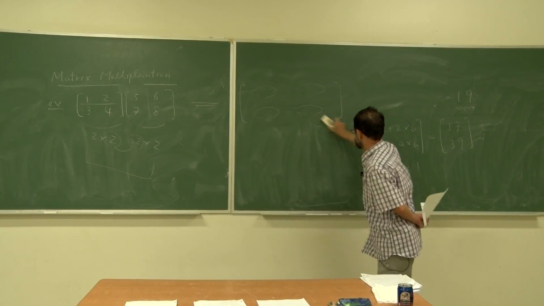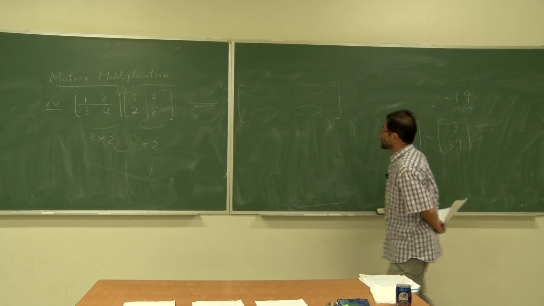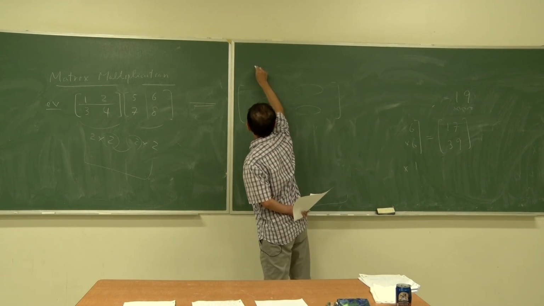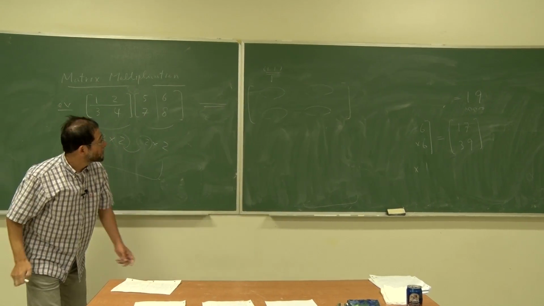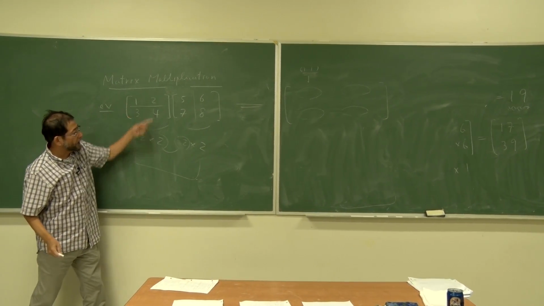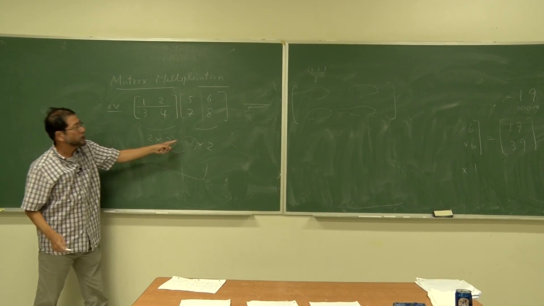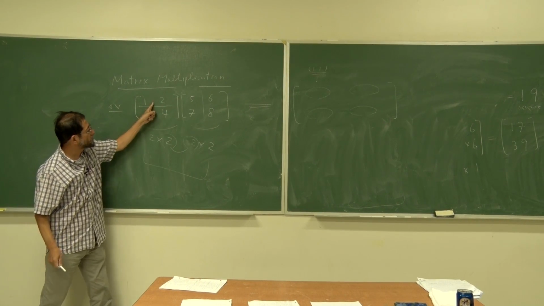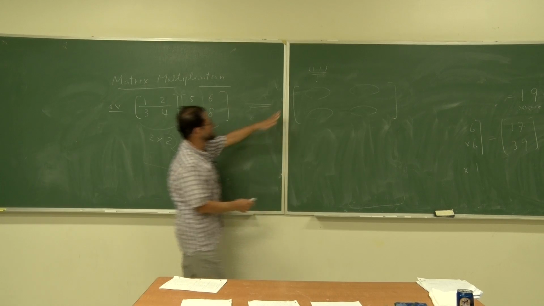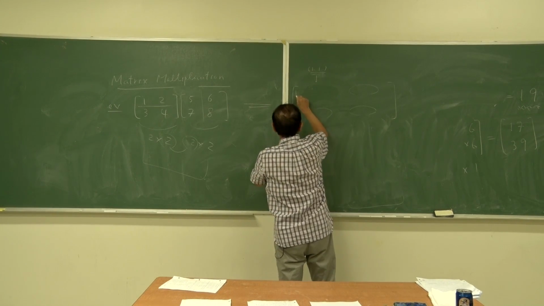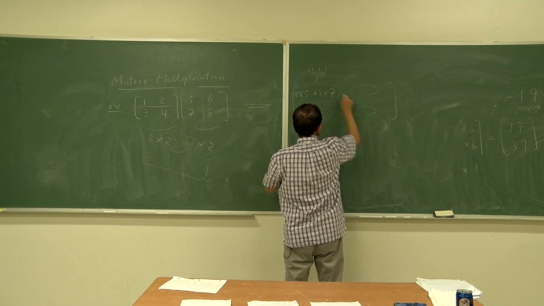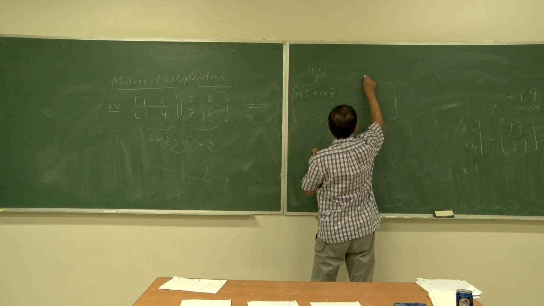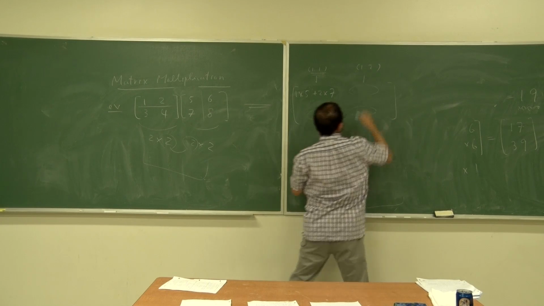The 1, 1 entry comes from the first row and the first column, so 1, 2 times 5, 7: 1 times 5 and 2 times 7. Now let's do the 1, 2 entry.